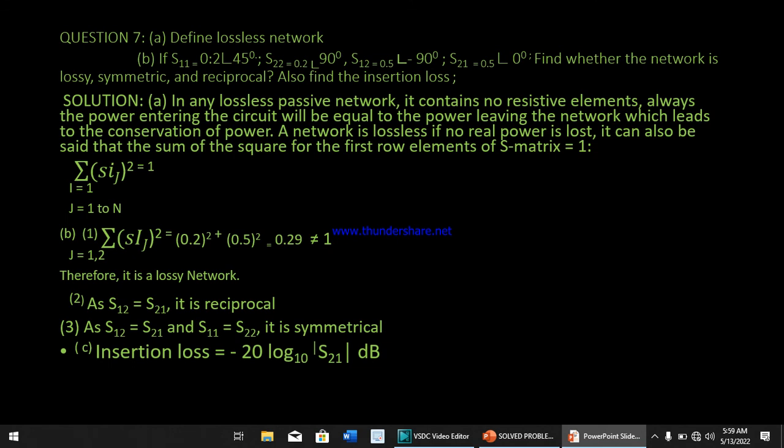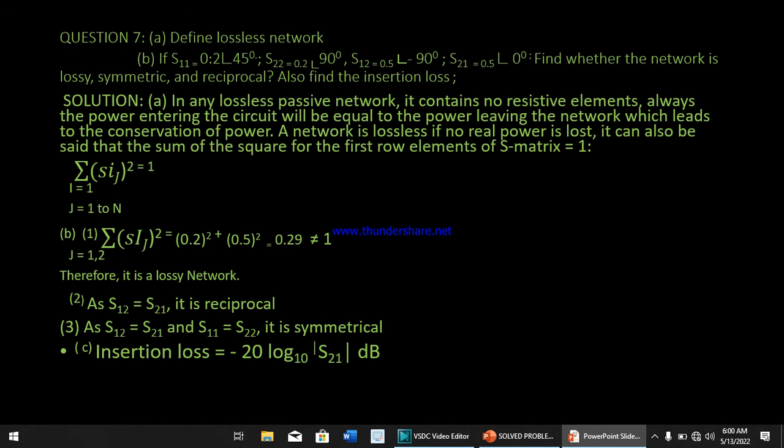Now the C aspect says we should calculate the insertion loss. The formula for calculating the insertion loss is minus 20 log of one of the transmission coefficients. We want to know when a transmission line is introduced into this network from the source and the load, whether it will give a loss or a gain.